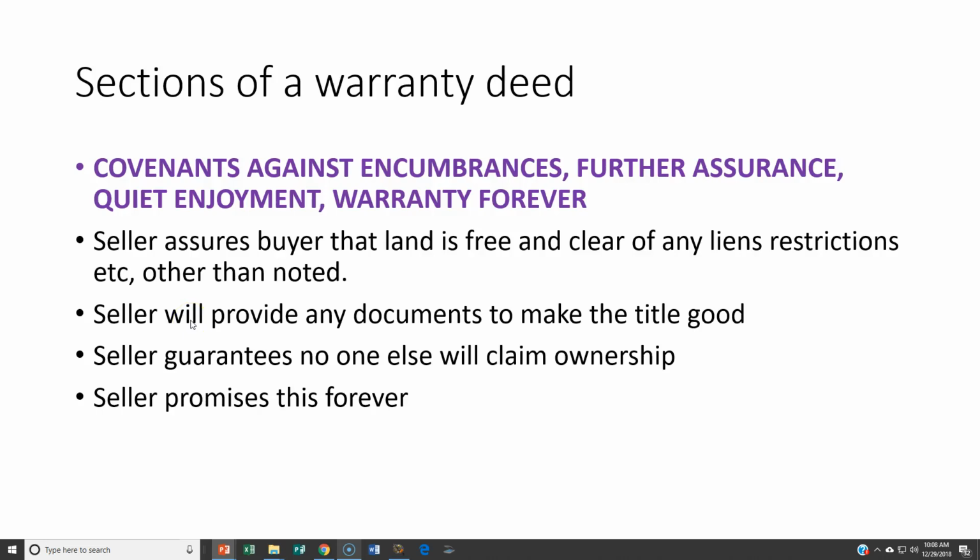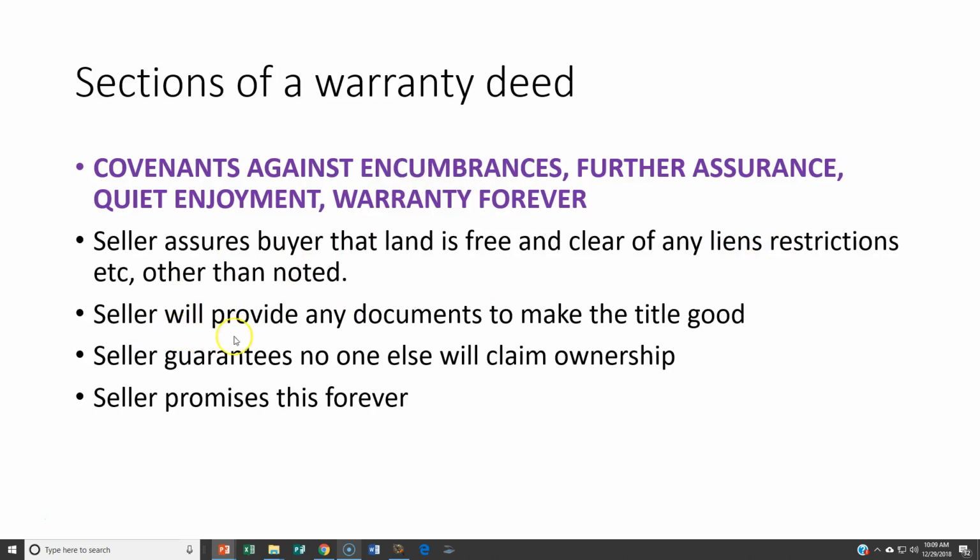On the general warranty deed, we also have some covenants added on to it, which makes it the best type of deed there is, because you have covenants against encumbrances, further assurance, quiet enjoyment, and warranty forever. Basically, it says the seller assures the buyer that the land is free and clear of any liens and restrictions, etc. Those are the encumbrances.